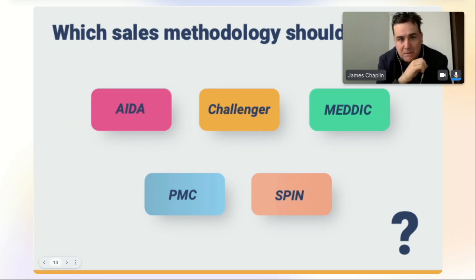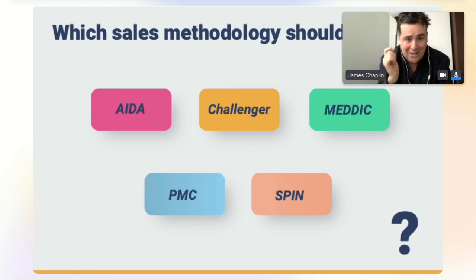In terms of AIDA, this is actually a copywriting technique as opposed to a conversational technique. But it stands for attention, interest, desire, action. And the idea is that whenever you're writing anything which is going outbound, you should be using AIDA techniques. AIDA was actually developed as a journalist and copywriting technique in order to get people to read the news stories.